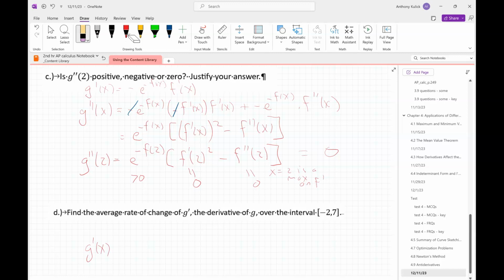So if we want the average rate of change for g prime, that should be this, right? So again, I have to use my formula that I made earlier for the derivative.